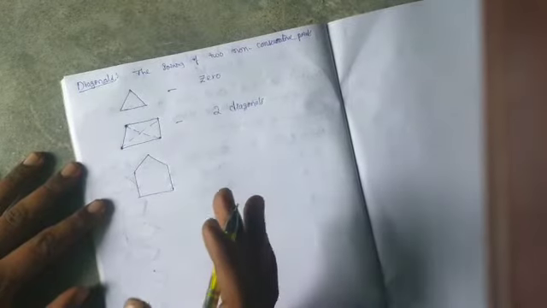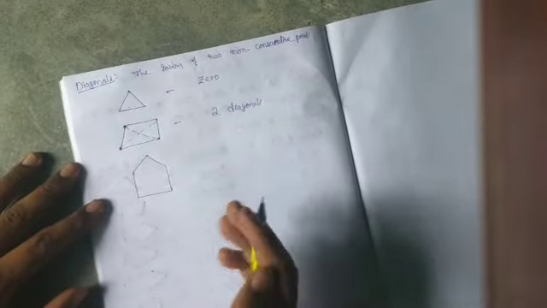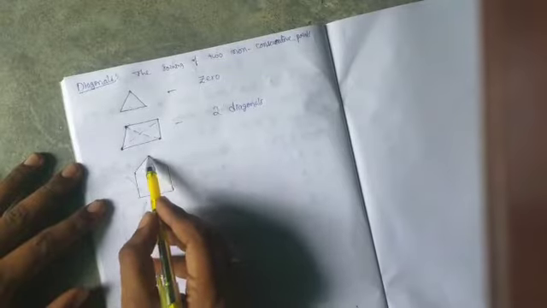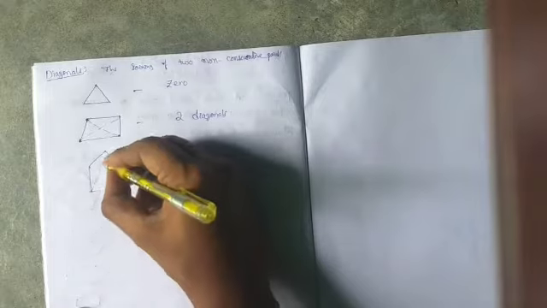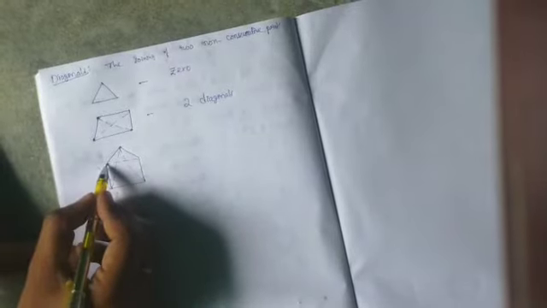So the joining of two non-consecutive points is called a diagonal. Observe here, these are diagonals. 1, then look, 2, okay, 3, 4, 5.